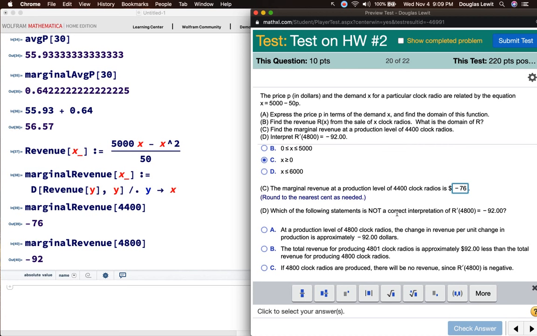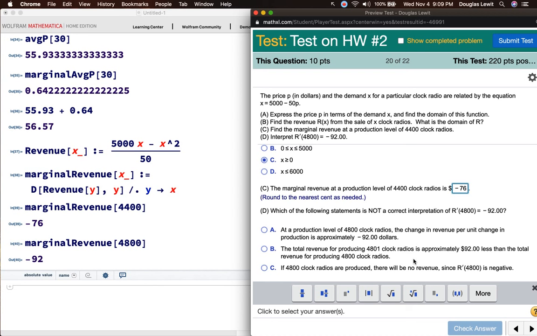Which of the following statements is not a correct interpretation of the marginal revenue of 4,800 is equal to negative $92? At a production level of 4,800 clock radios, the change in revenue per unit change in production is approximately negative $92.